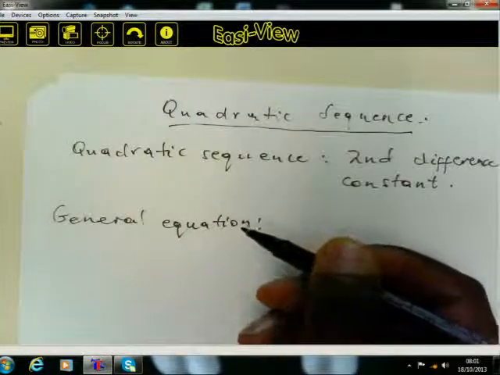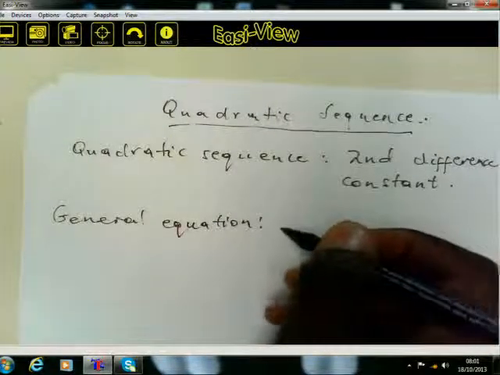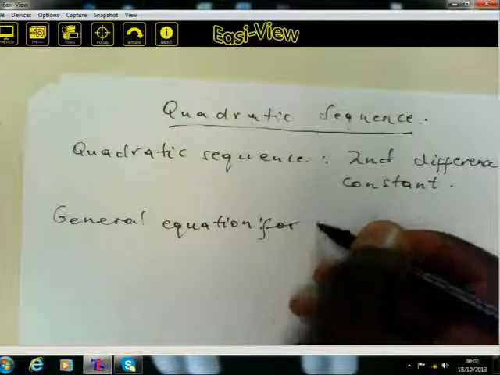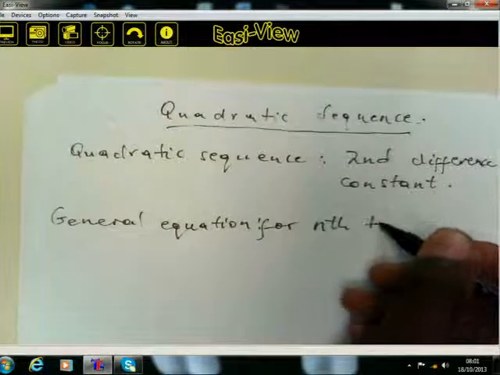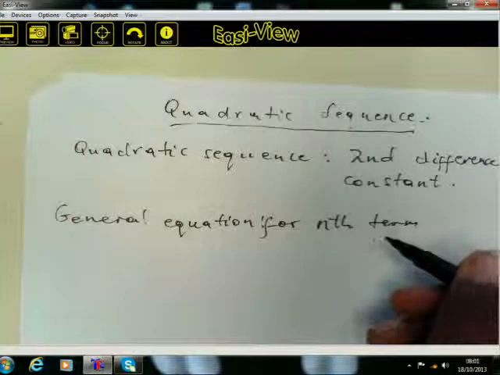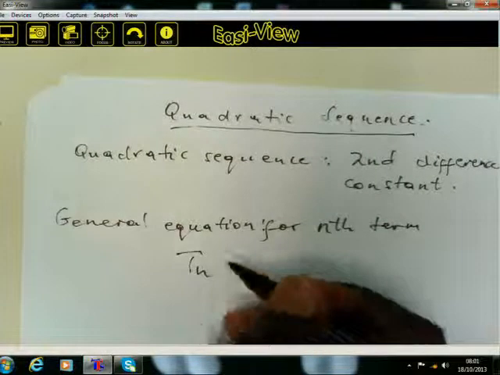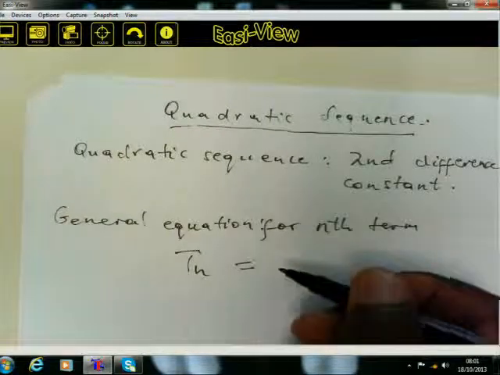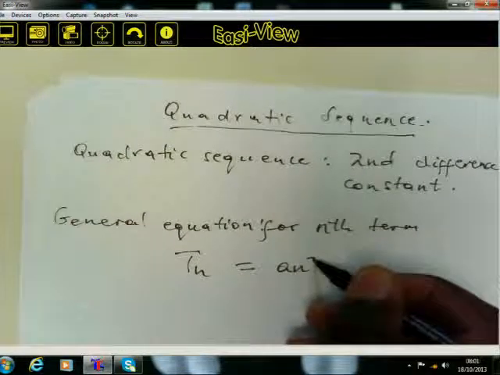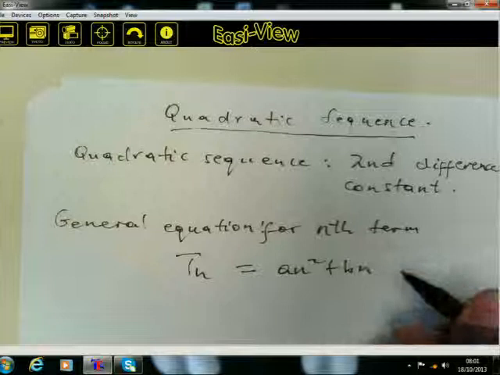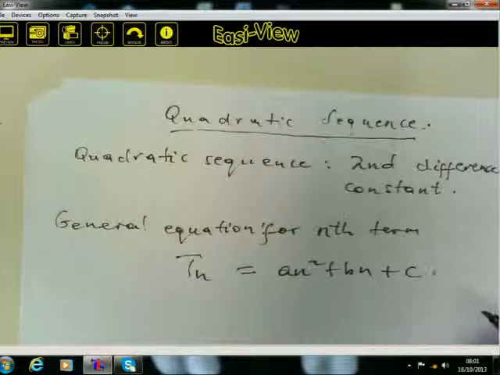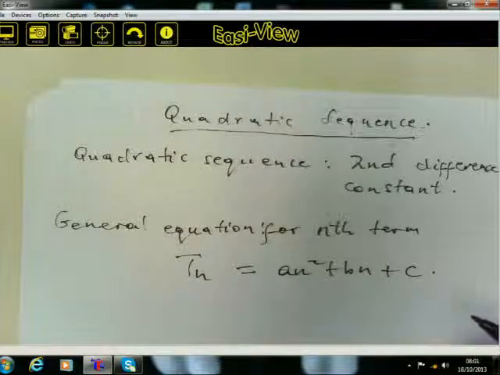The general equation for the nth term, or the general term, is Tn, which is equal to an squared plus bn plus c. This equation is very, very important as far as the quadratic sequence is concerned.